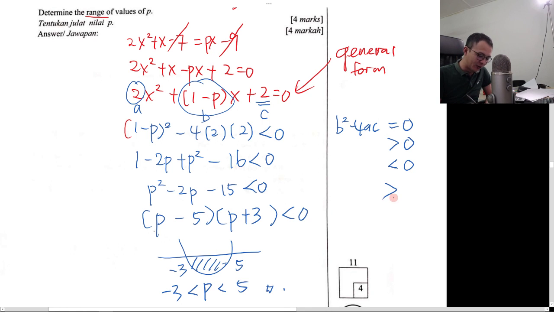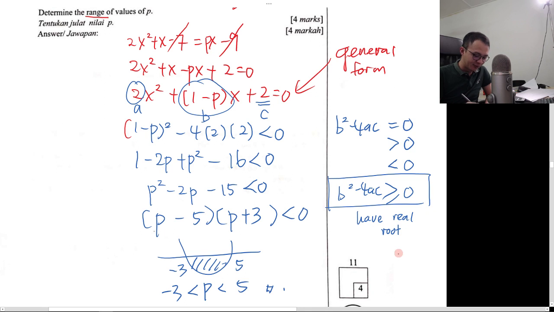Actually there is one more, bigger or equal to 0, but this one seldom happens in SPM. In the IGCSE syllabus they have it, this one means have real roots only, because it is combined first and second. But you don't have less or equal. But in SPM normally only 1, 2, and 3, as far as I know.